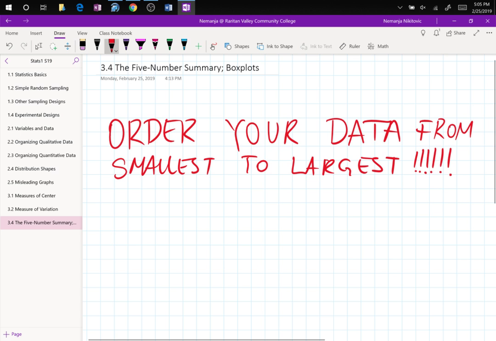Max minus min was the range. And you didn't have to order the data for standard deviation. Now, for those concepts where you didn't have to arrange the data, would it hurt if the data was arranged? No, it wouldn't hurt. But for those where you have to have data arranged and it's not arranged, it would hurt. So, as a rule of thumb, just order your data all the time.